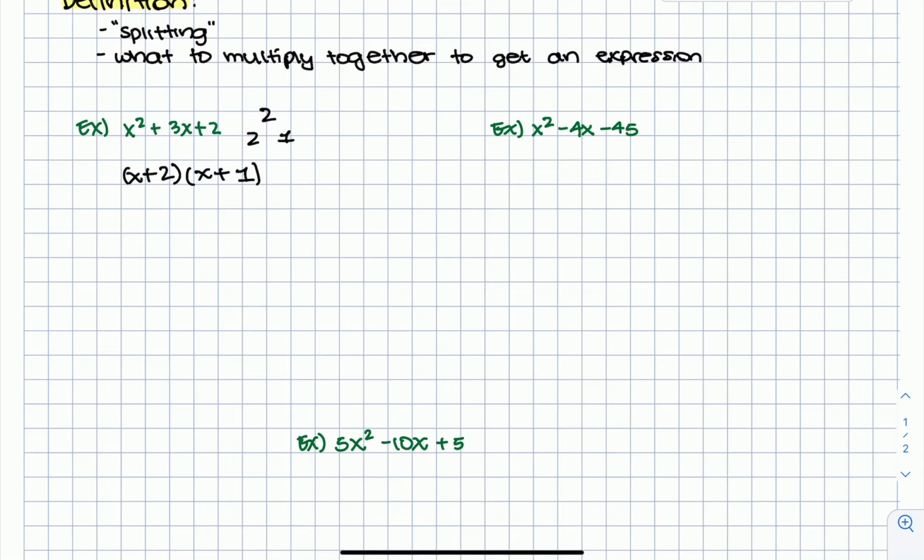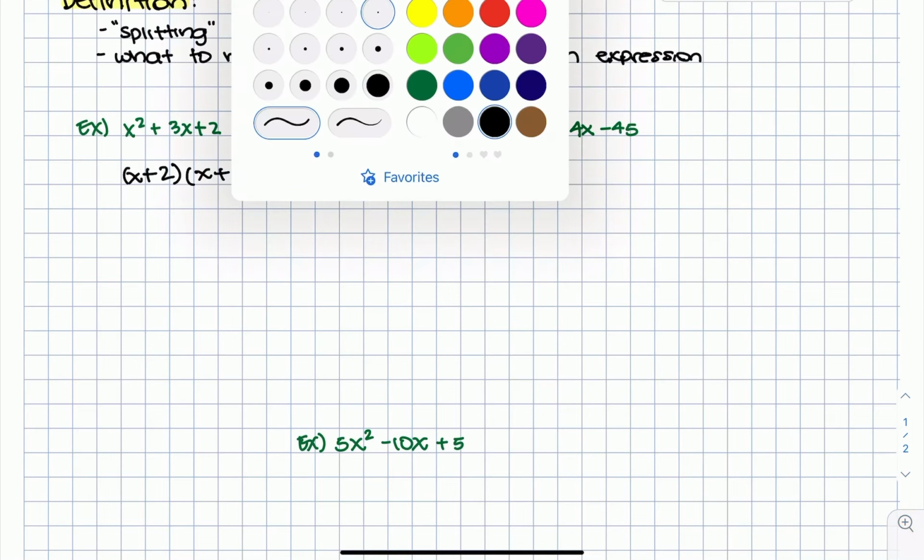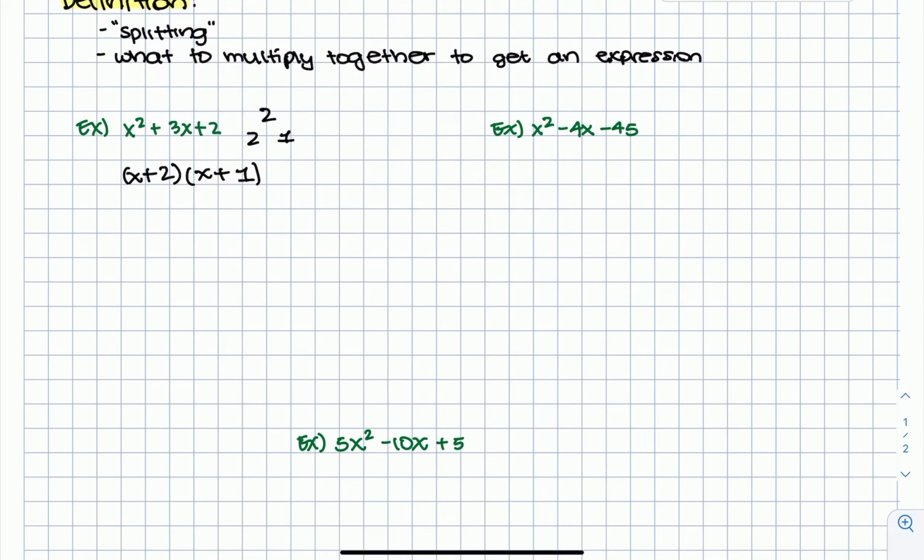Now, just to help you learn this better, let's FOIL this out. Let's multiply these two together and show you that when you multiply them, you will get this. I'm going to select a different color and highlight this because that's our answer. x times x is x squared.